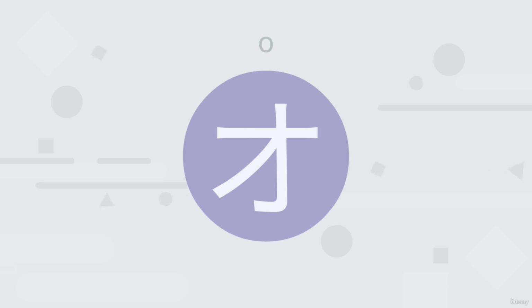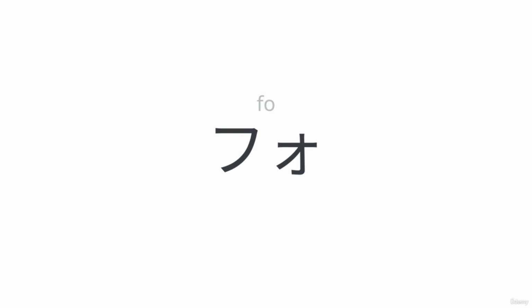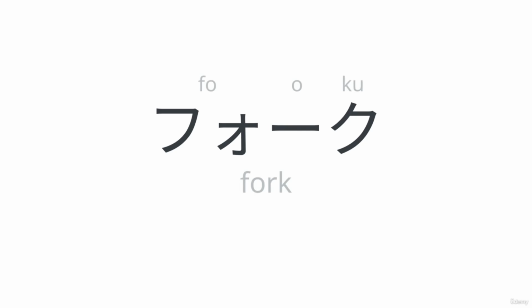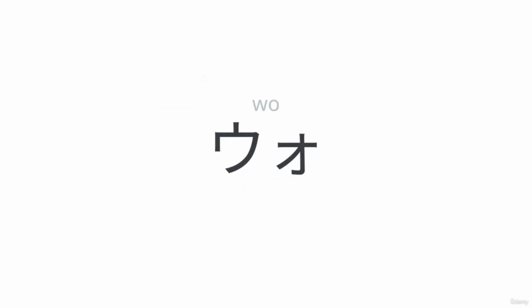O. A common combination that uses a small o is fo. Follow. Fork. Font. You may see a small o after u to represent the English W sound.